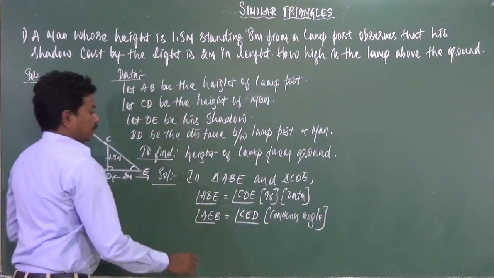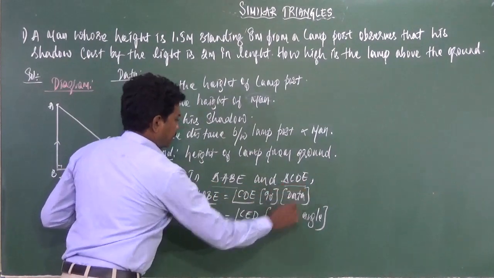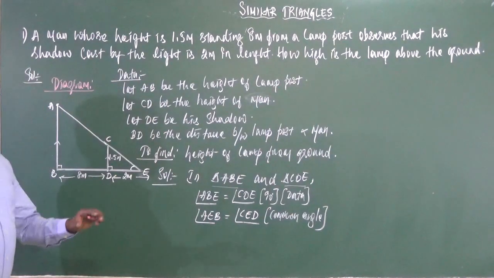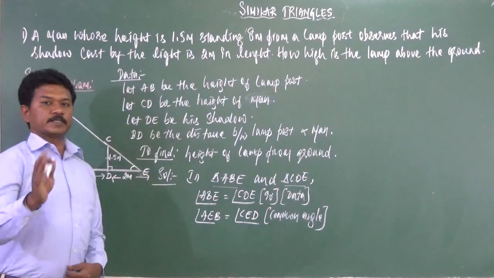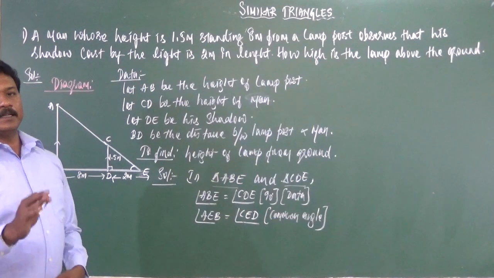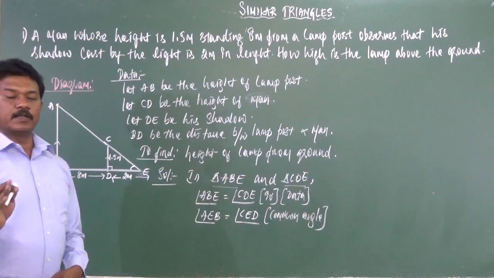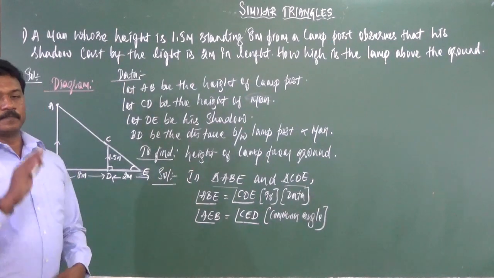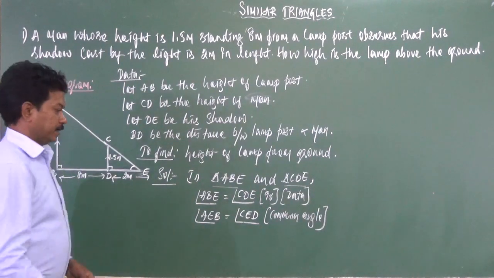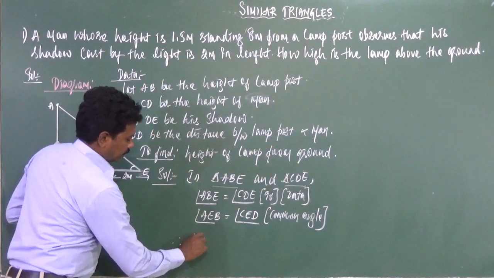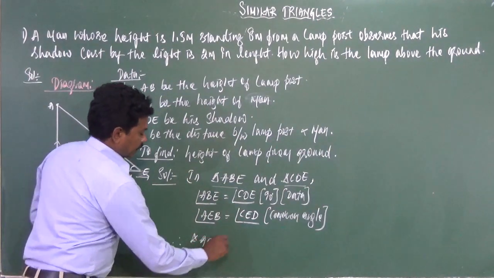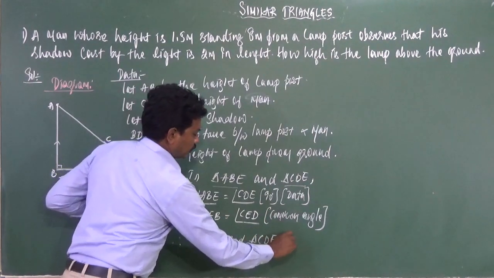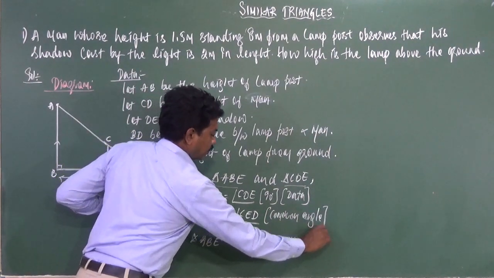So in both the triangles, triangle ABE and triangle CDE, two pairs of corresponding angles are equal. If in two triangles two pairs of corresponding angles are equal, then they are equiangular because the third angle will also be equal on the basis of angle sum property of triangle. Therefore, triangle ABE and triangle CDE are equiangular.